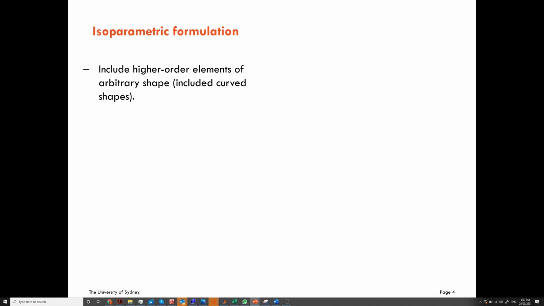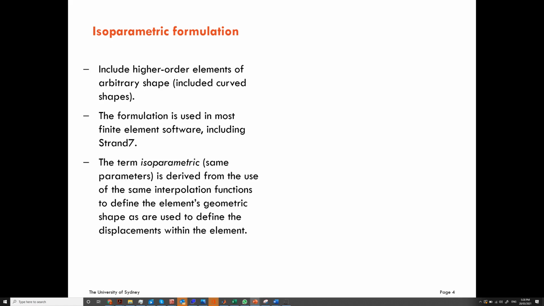These elements include curved shapes. The formulation is used in most finite element software, including Strand7. The term isoparametric, that means same parameters, is derived from the use of the same interpolation functions to define the geometry of the elements and the displacement of the element.